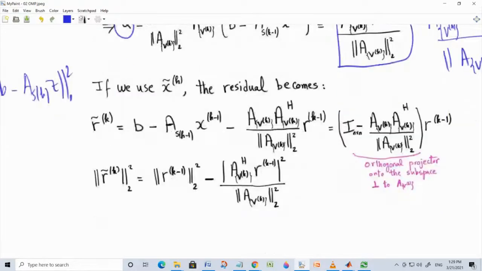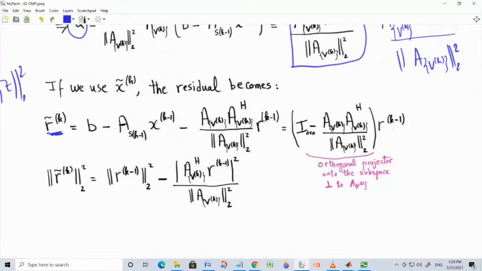So you plug in, and you will get that R tilde of k is related to R_{k-1}, and between them is this orthogonal projection matrix. Then you take the L2 norm squared.